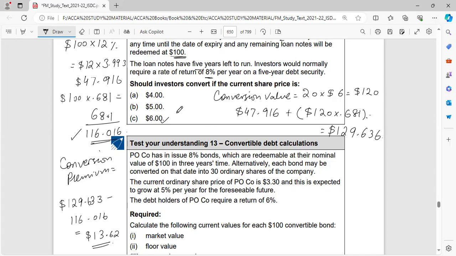If I look at 5, then 5 into 20 equals 100, at 5 it will be equal. So at 6 it is beneficial.